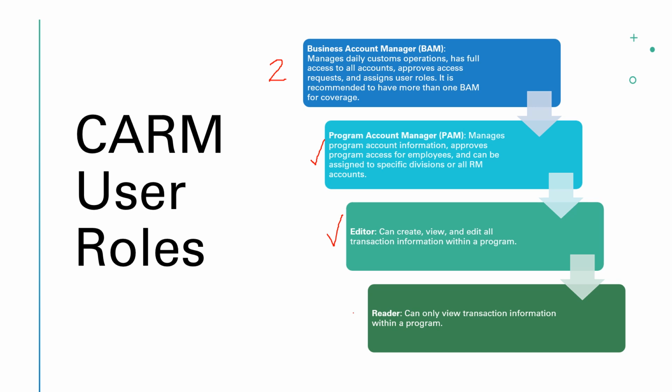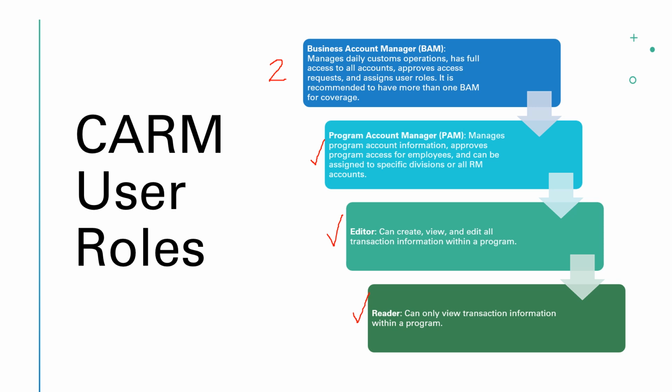And then the last one will be a reader, and the reader can only view transaction information within a program. These user roles are also applicable for third parties that the company wants to grant access to their account.